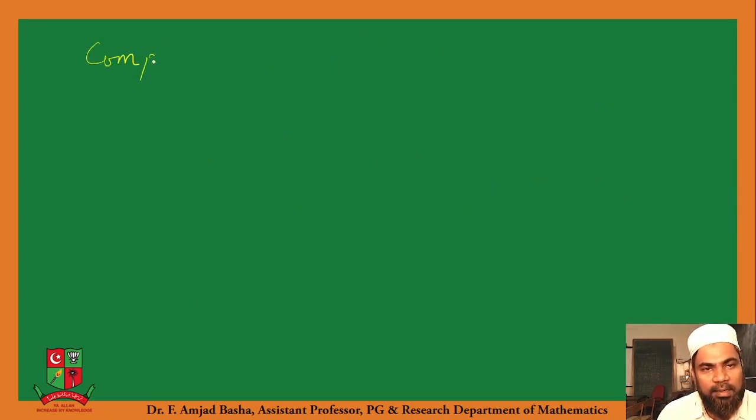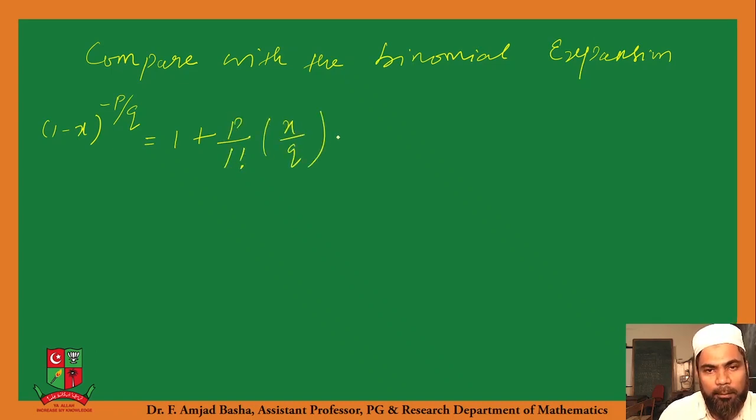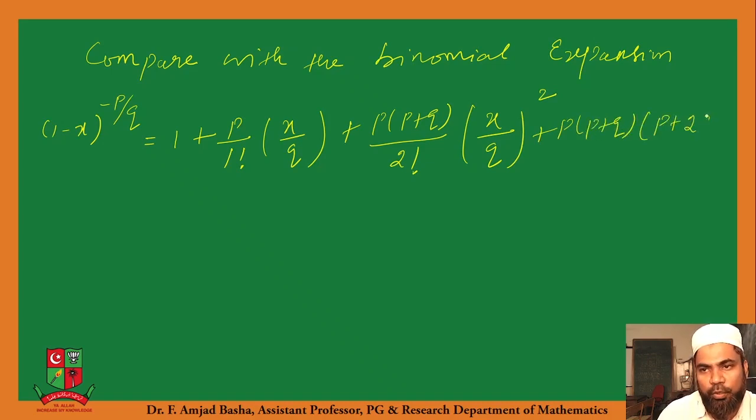So the above series I will compare with the binomial expansion, one minus x the whole power minus p by q, which can also be written as, the series goes like this: 1 plus p by 1 factorial into x by q plus p into p plus q divided by 2 factorial into x by q the whole square plus p into p plus q into p plus 2q divided by 3 factorial into x by q the whole cube, so on.